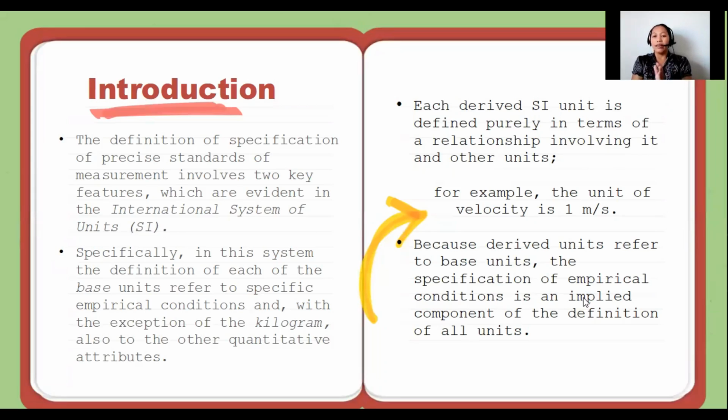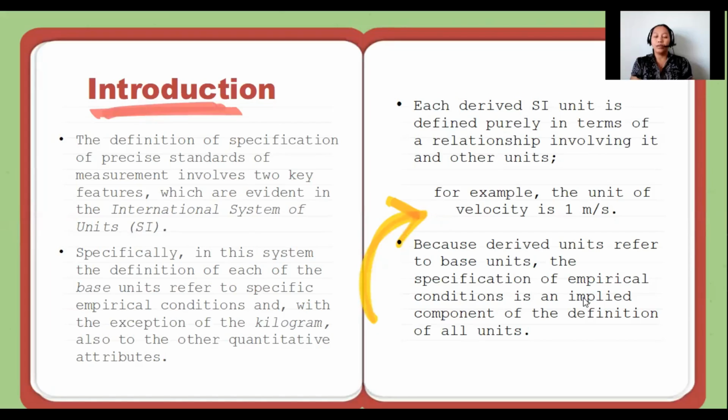Each derived SI unit is defined purely in terms of a relationship involving it and other units. For example, the unit of velocity is derived from other units, which is meter per second.